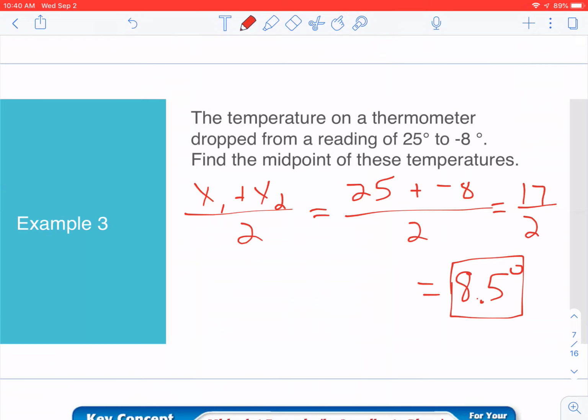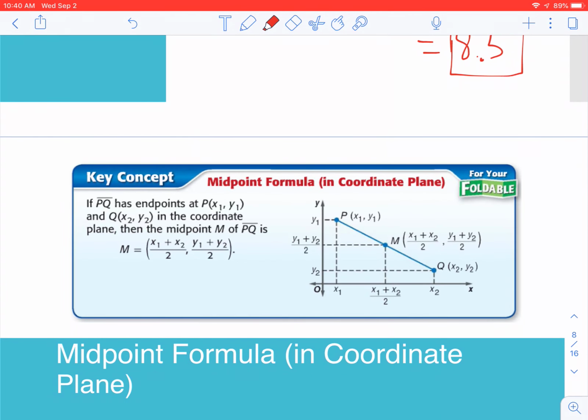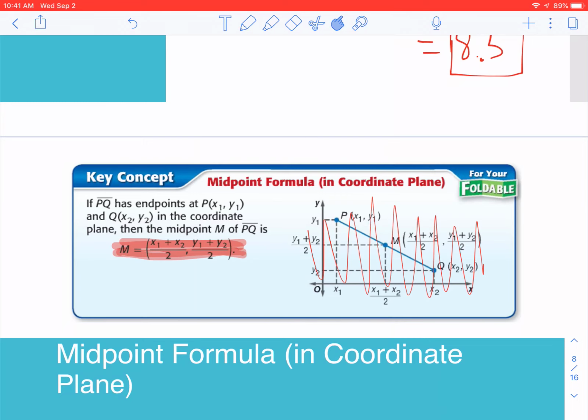That is the midpoint between the two temperatures. Now the formula we're really going to use, where we just add another coordinate, is right here in red. We take x1 plus x2 divided by 2, and y1 plus y2 divided by 2. Please don't look at this graph right now, it's very confusing. All we need to know is the formula. We're going to take the average of the x points and the average of the y points and find the midpoint.